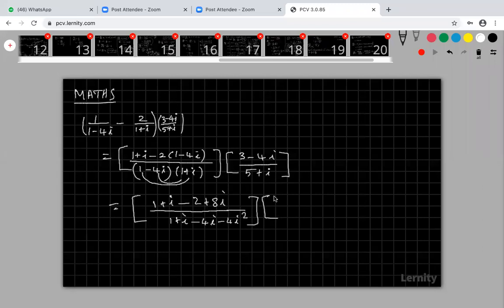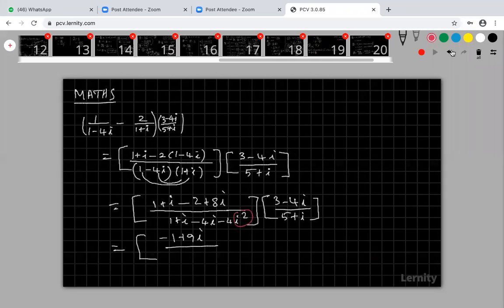Here 3 minus 4i divided by 5 plus i. So here 1 minus 2 is nothing but minus 1. i plus 8i is 9i, divided by, look at that, here my i square is minus 1.